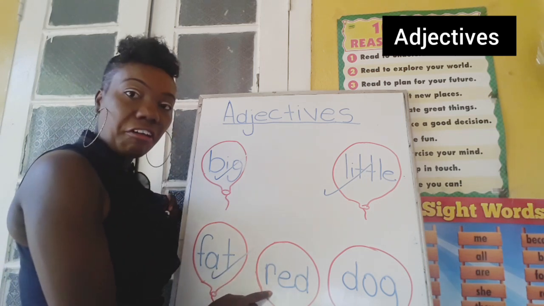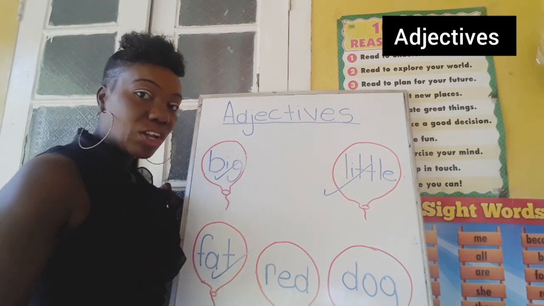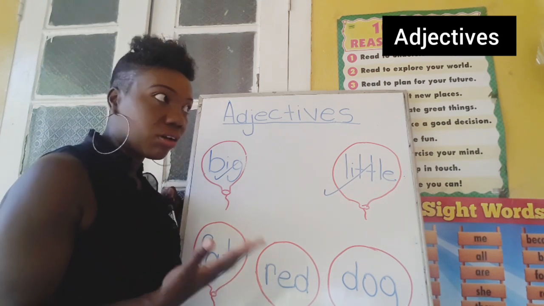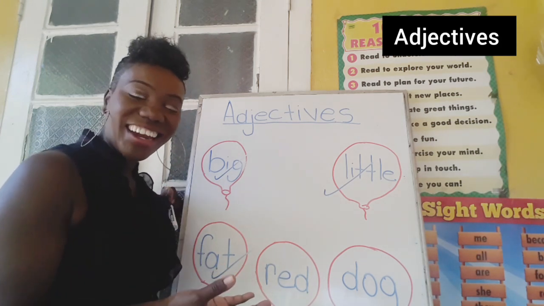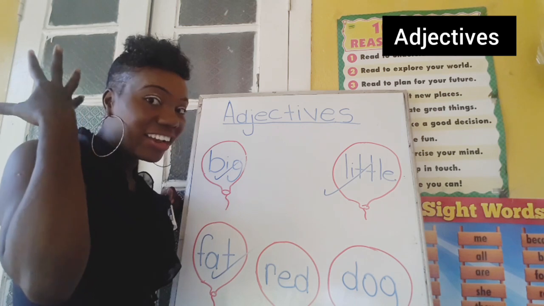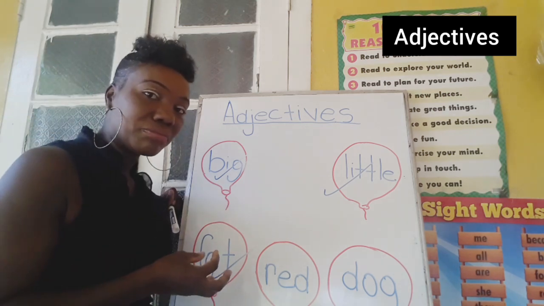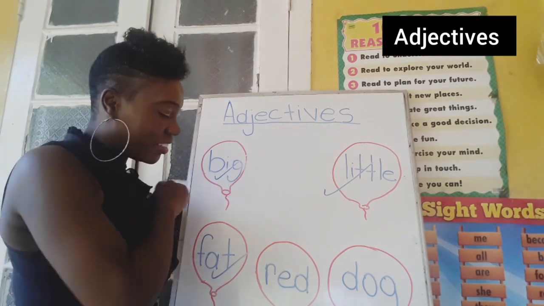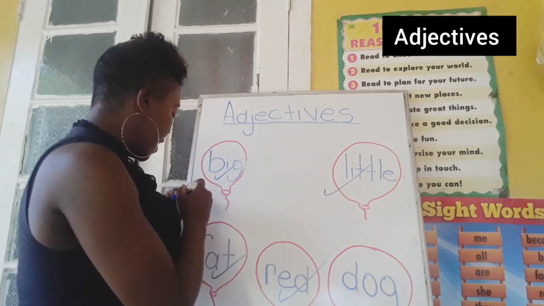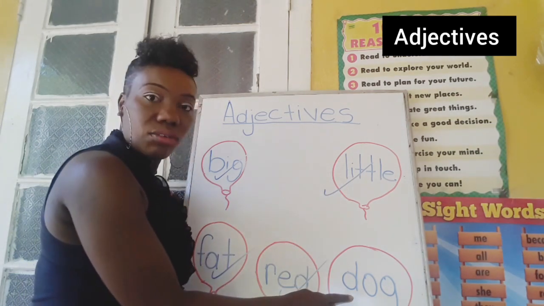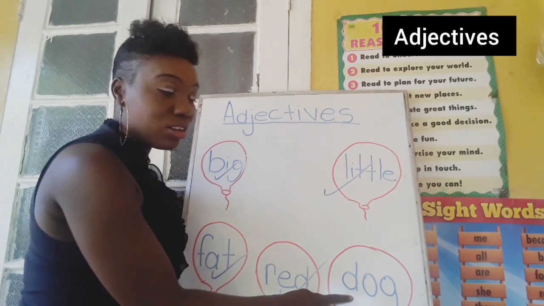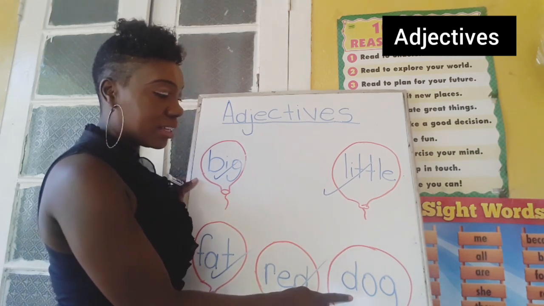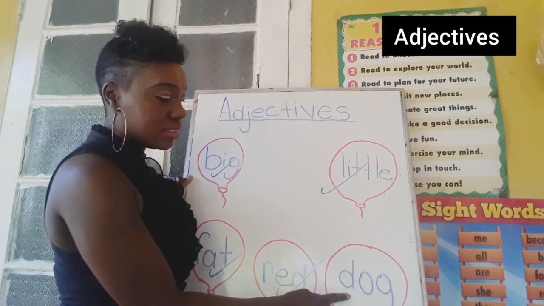Now let's go over. Red. Can we say someone is red? No, not someone is red. Something is red. Or probably the hair is red on someone. Yes, very good. Now let's go over to, what's this word? Dog.